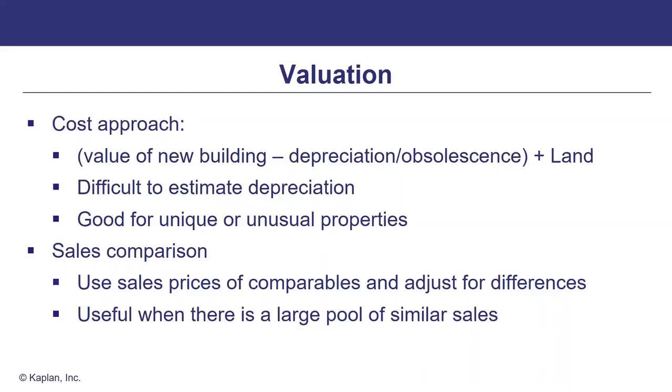Now, the cost approach entails calculation of value of a new building, and then you subtract any depreciation and obsolescence, meaning an older property may have certain features that are not as valued in the current market. So those are what we call obsolescence effects.